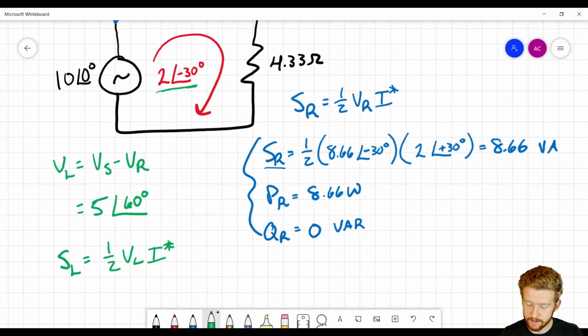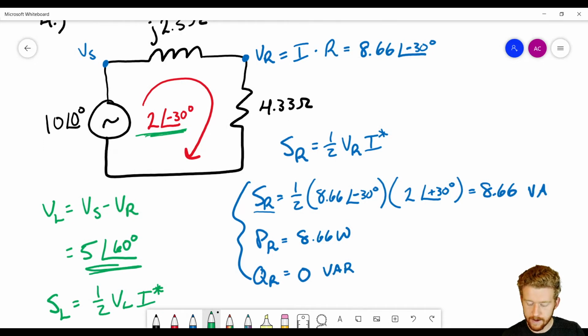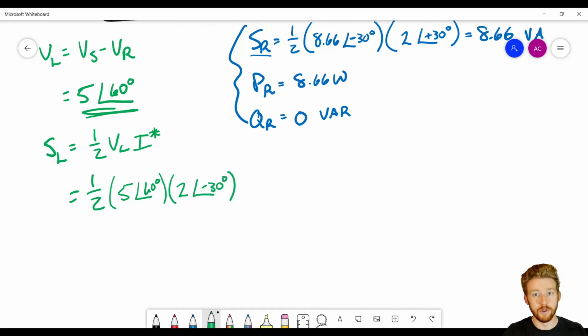Now if we plug this in, I'll scroll up here so you can get another look at the circuit. The current is going to be 2 with an angle of minus 30. We calculated the voltage was 5 with an angle of 60. So we can plug this in. This is going to be equal to 1/2 5 angle 60 degrees times the current, which was 2 with an angle of minus 30 degrees. But we're doing the conjugate, so this is going to be plus 30.